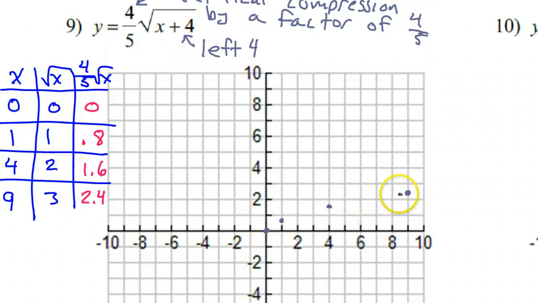But we will take each of these 4 points and shift them left 4. So if I take this and go left 4, I will be here. And again left 4 and left 4. So this will be the graph.